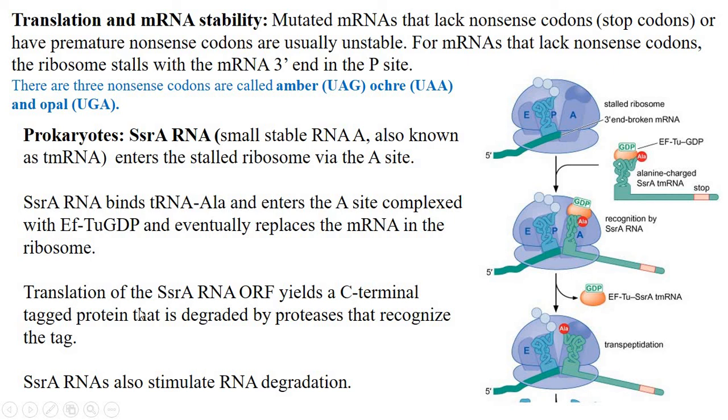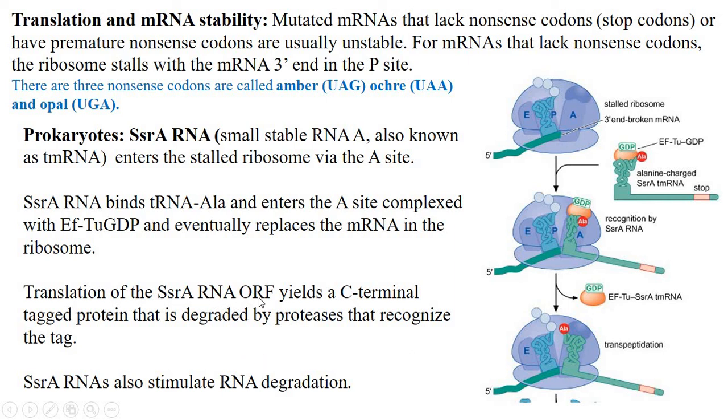Once this SsrA RNA binds tRNA alanine, enters the A site, and is complexed with the EF-Tu GDP, it eventually replaces the mRNA in the ribosome. The mRNA is here. It will do the transpeptidation, so it switches, and then this will be used as the template for the rest of the translation.